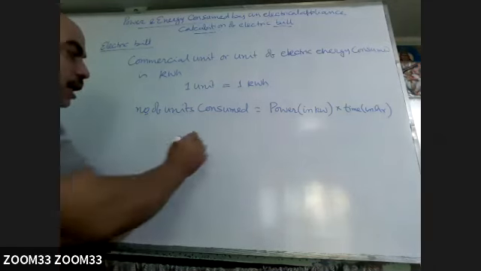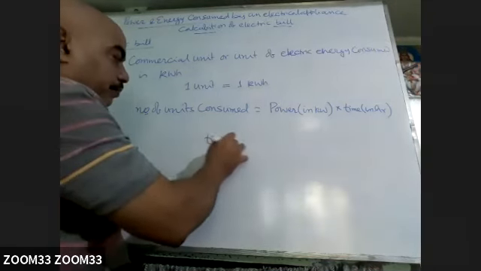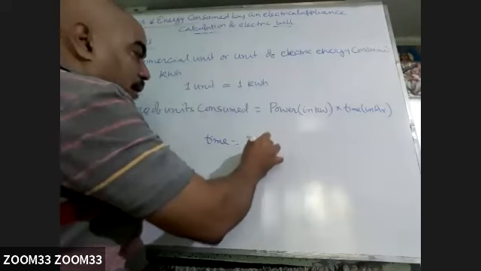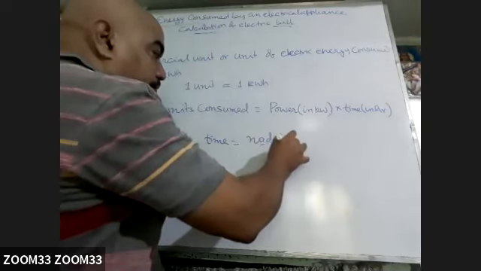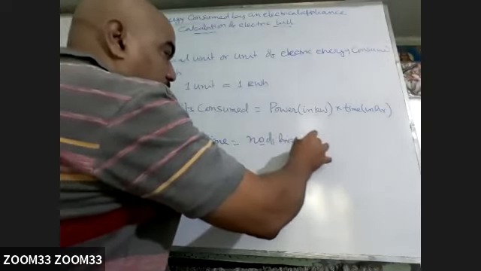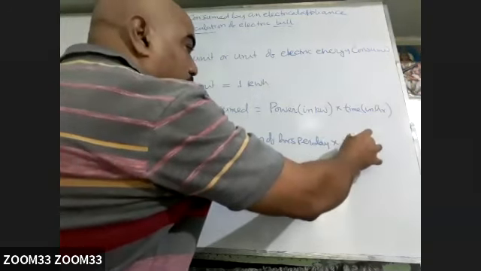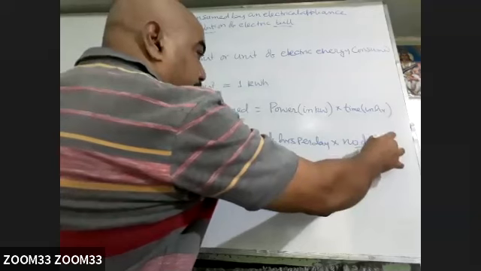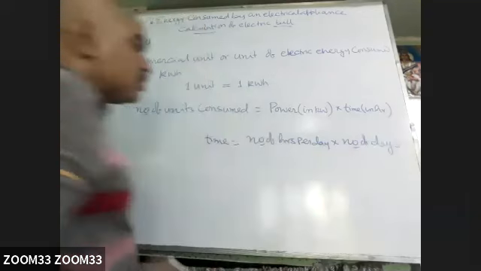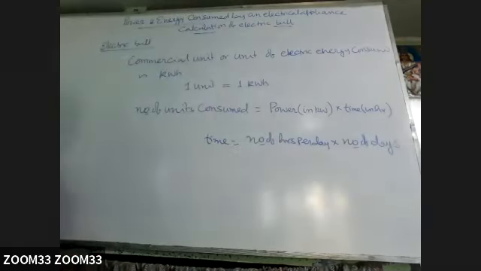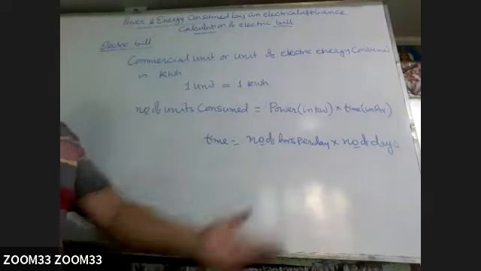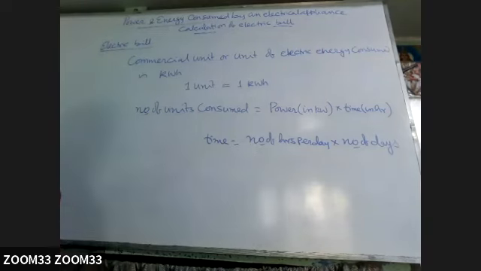So suppose you are asked the number of hours per day, then into number of days will also come. Hour per day, and you are asked monthly bill, then 30 days we will take.